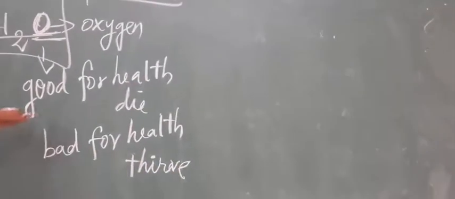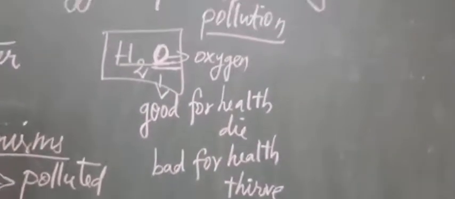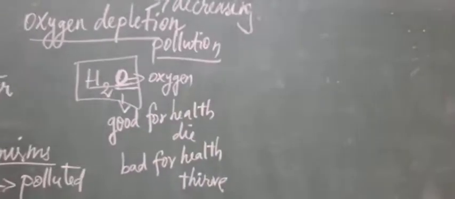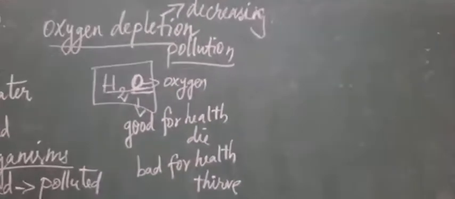So that water is polluted because of the lesser amount of oxygen. The water gets polluted. That type of pollution is called oxygen depletion pollution.